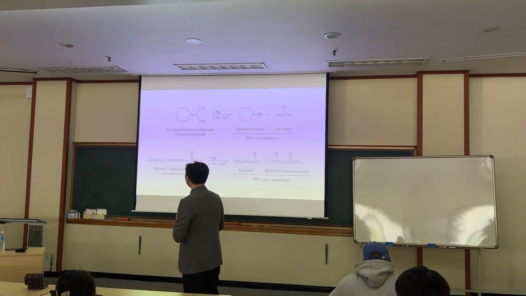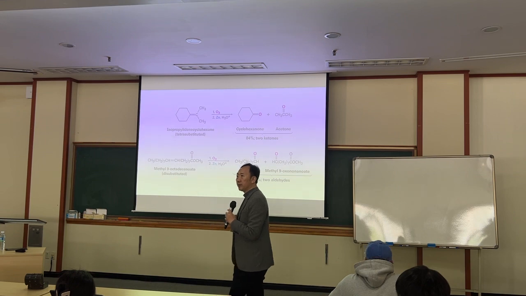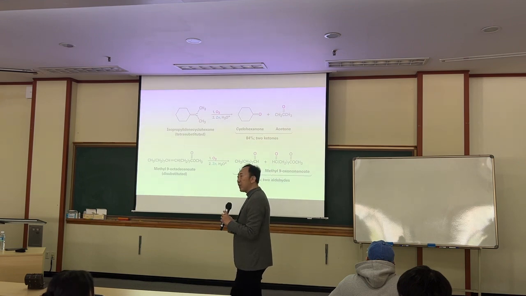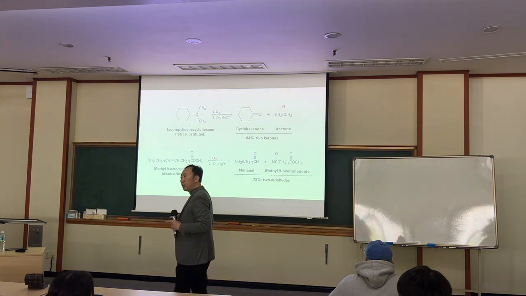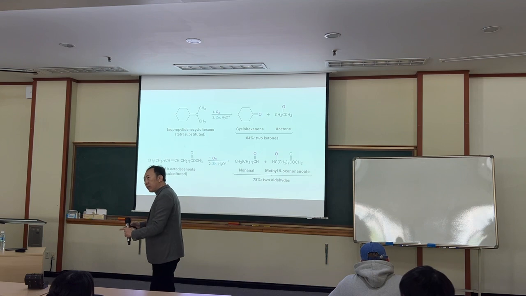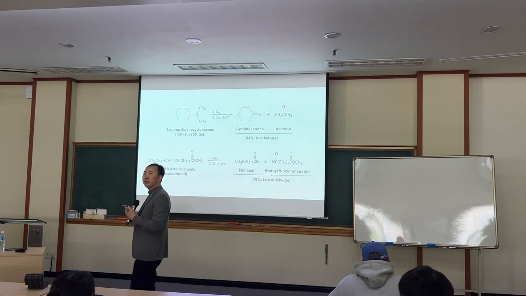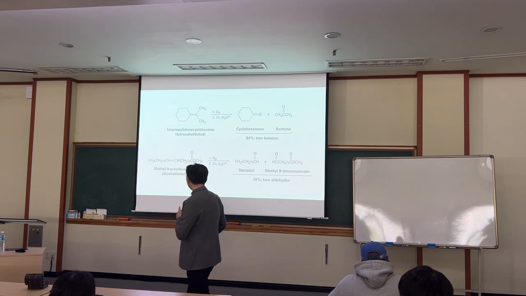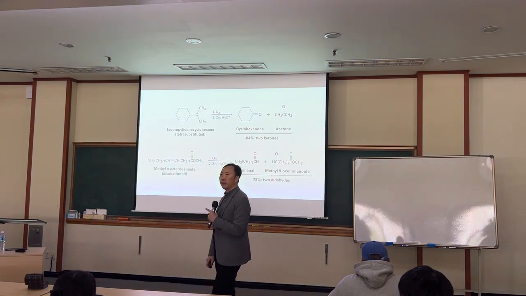Okay. Now if you look here, it does not attack this kind of CO double bond. Last time we have seen hydrogenation prefers H2 addition only to the CC double bond, not the CO double bond, right? Ozonolysis is similar. It attacks only the carbon-carbon double bond.